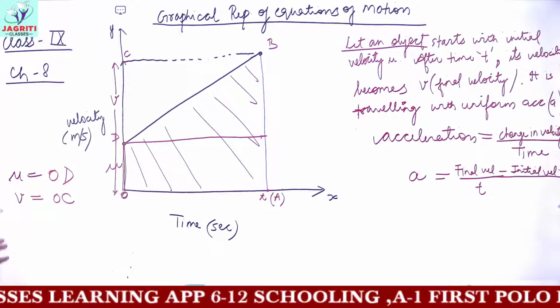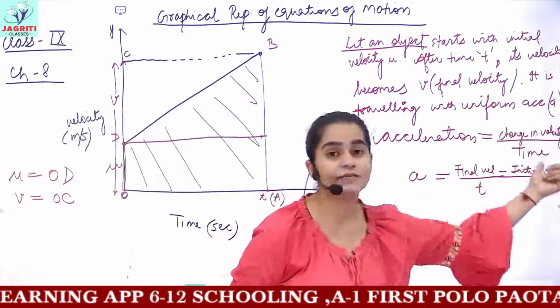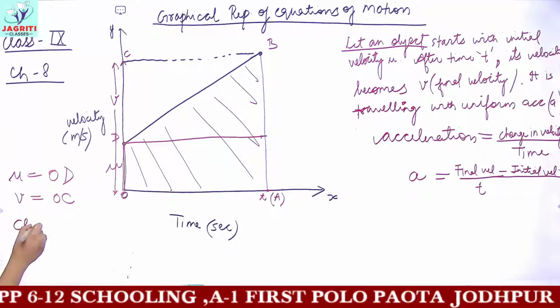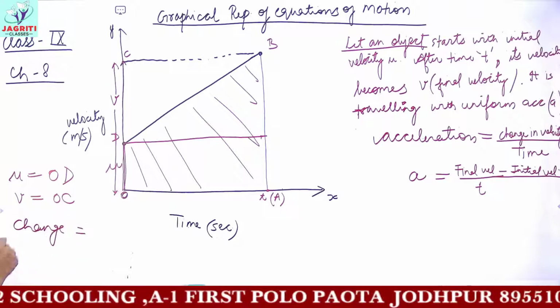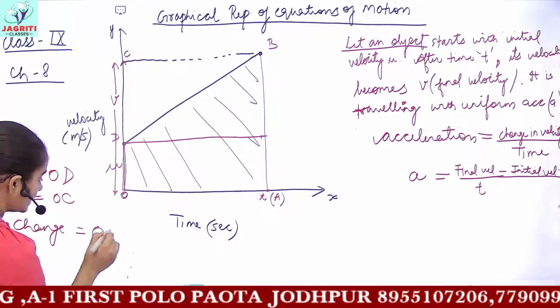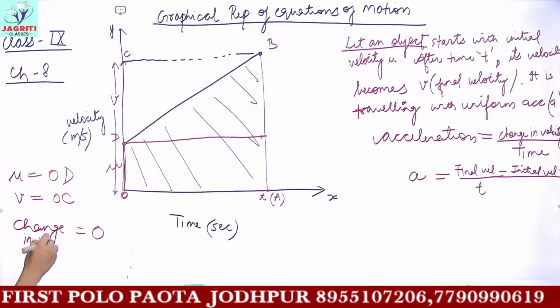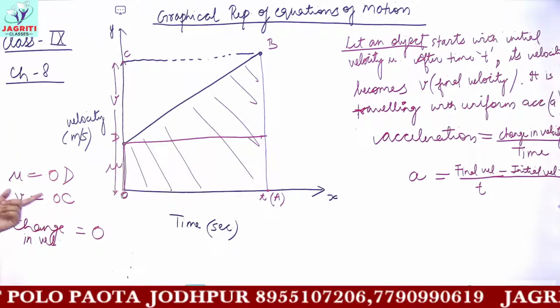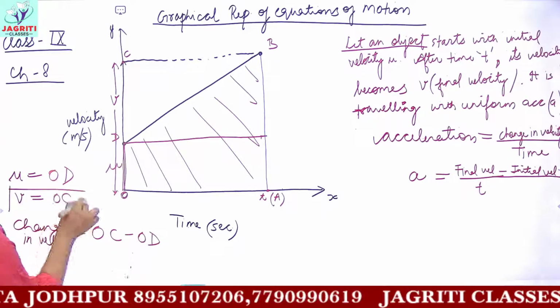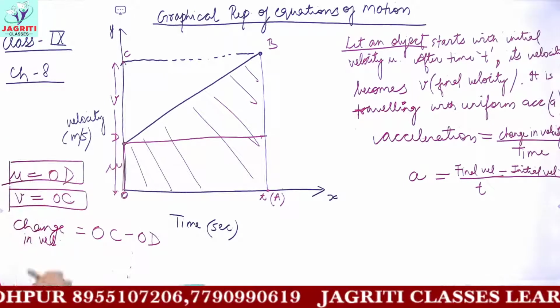Now if I say what is the change in velocity, that is final minus initial. So for finding the change, you will write V minus U, which is OC minus OD. Change in velocity is V minus U, means OC minus OD, because V is equal to OC, U is equal to OD here.